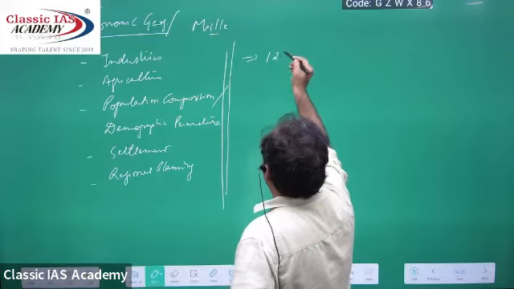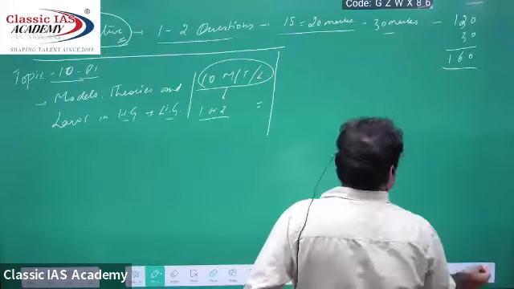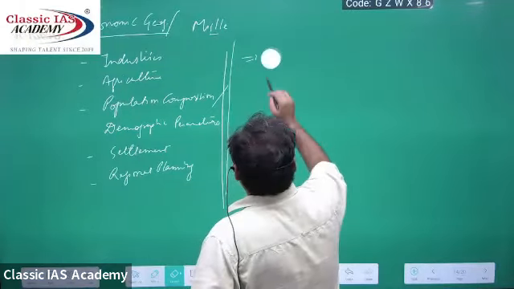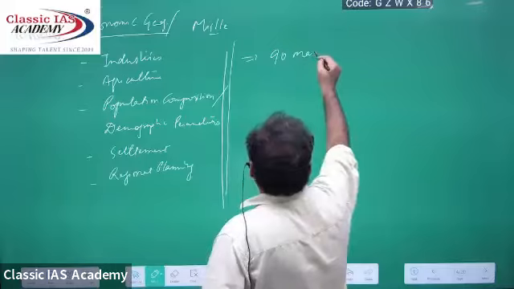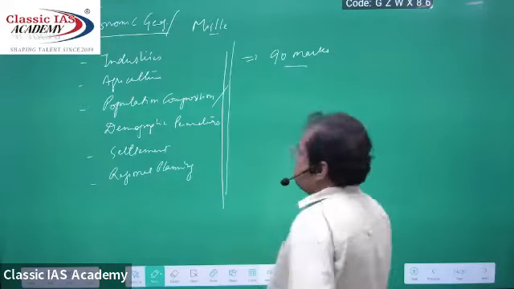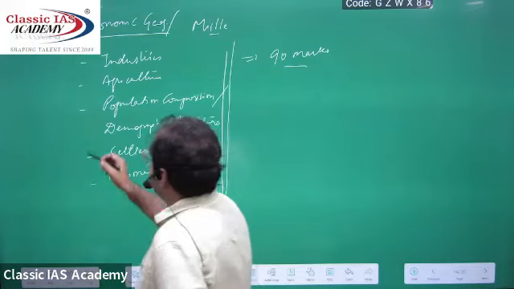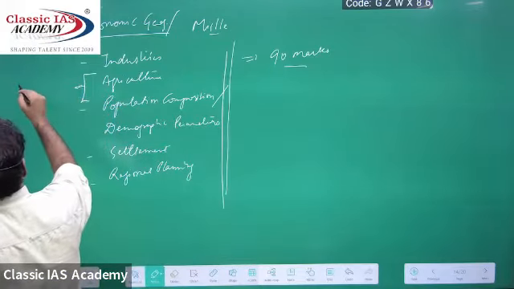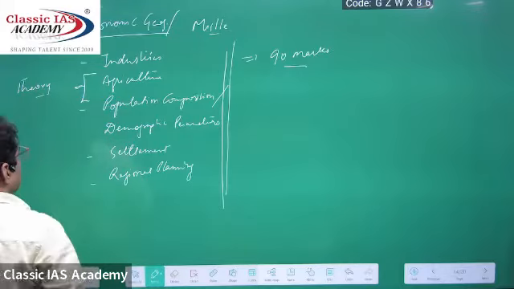Out of the 160, in this part there will be only a 90 marks question. In this part, agriculture is important because there is the economic rent theory.